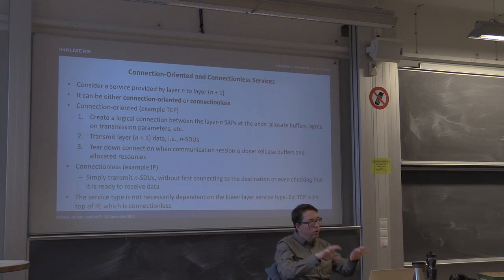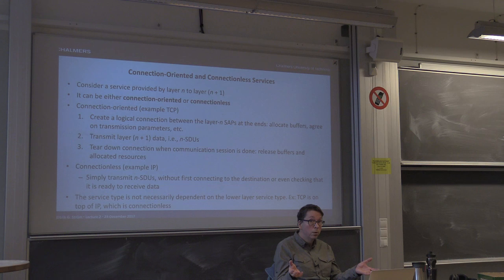Then also we know that the telephone system is circuit switched and the telegraph system is packet switched. This is not related to connection oriented or connectionless. So these are two different things. So I can do a connection-oriented service over a packet-switched network or a circuit-switched network.